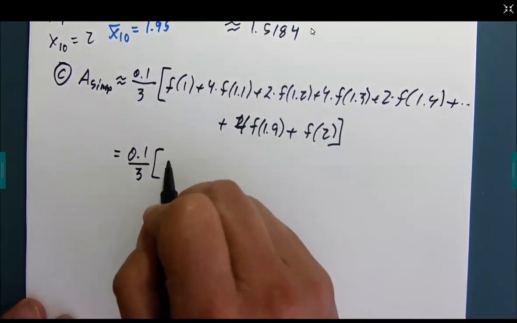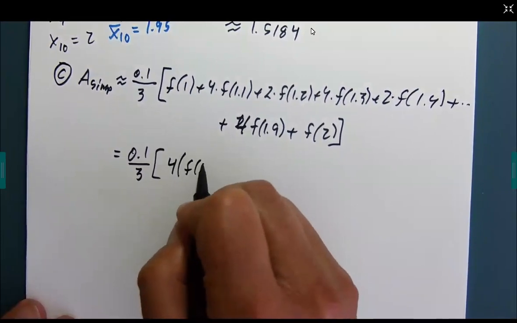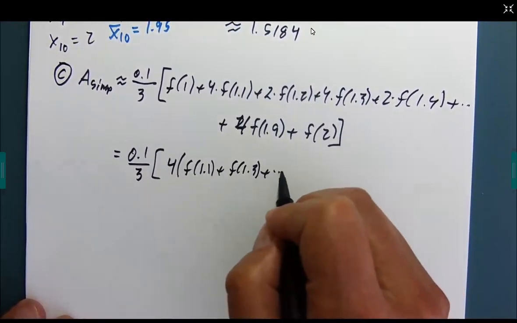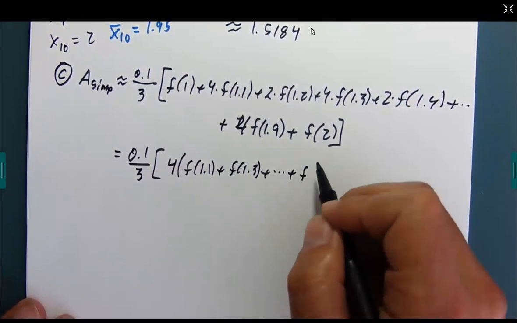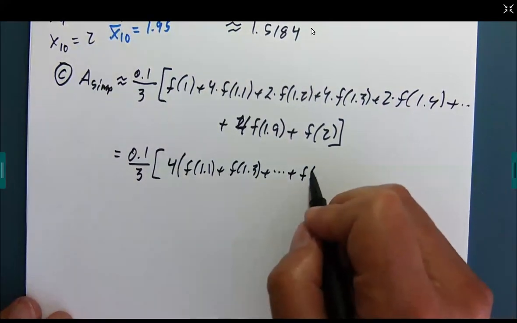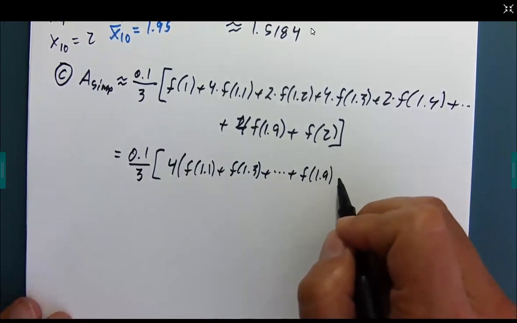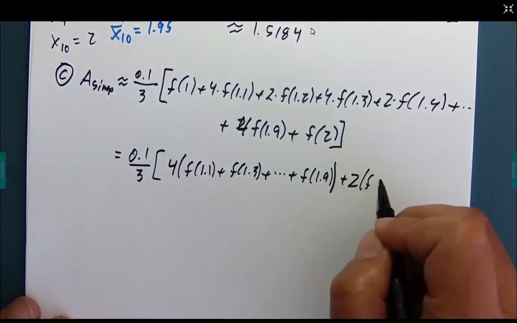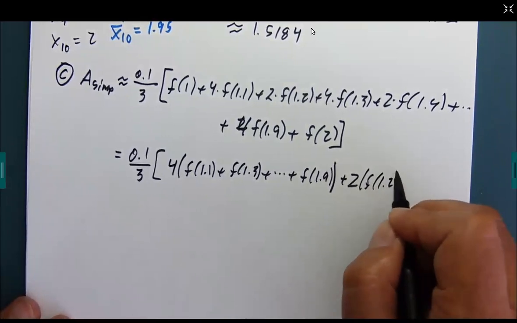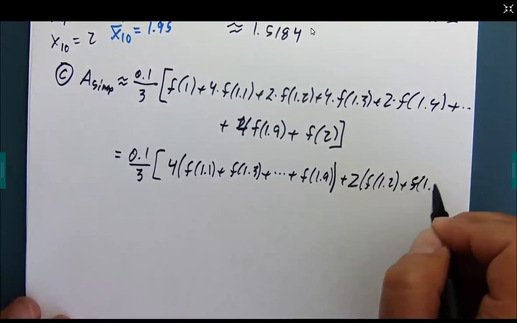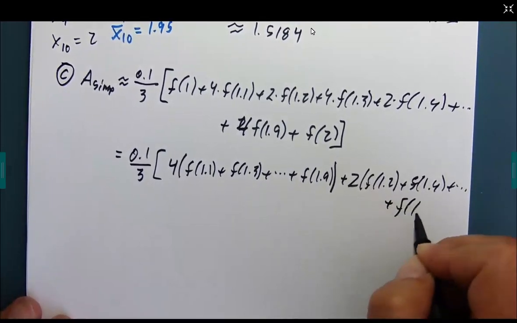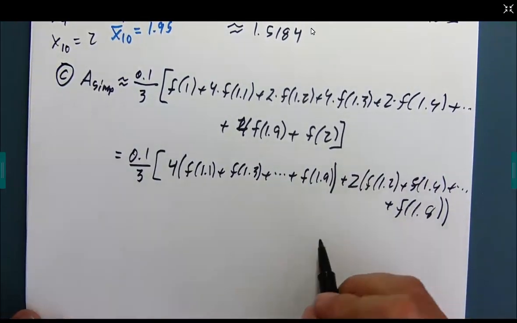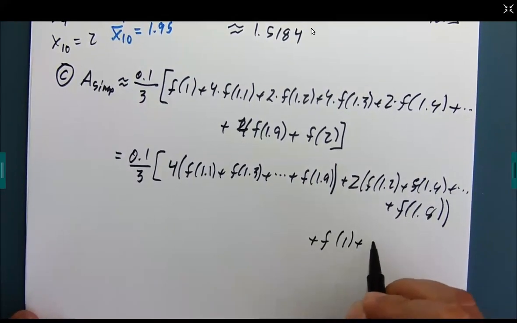And I'm going to rewrite it like this. 4 times f of 1.1 plus f of 1.3 plus ... plus f of 1.9, plus 2 times f of 1.2 plus f of 1.4 plus ... plus f of 1.8. Then plus f of 1 plus f of 2.